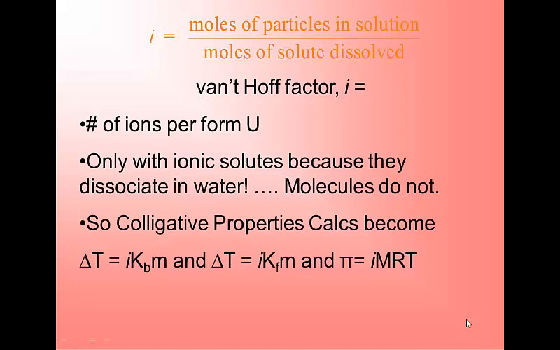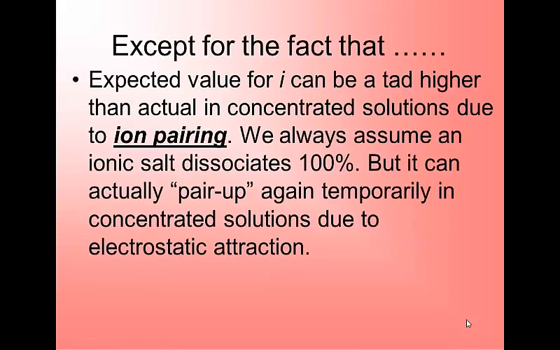Right, now, exceptions to the rule. Expected value for the Van Hoff factor can be just a bit higher than actual, especially in concentrated solutions. You have a cation and an anion in a concentrated solution. Somewhere along the line, they're going to be electrostatically attracted to each other and form a partnership, and that is going to be counted as one entity.